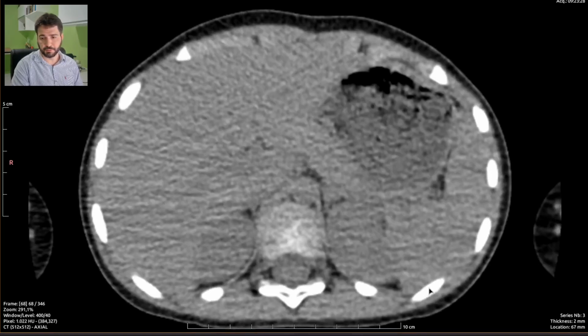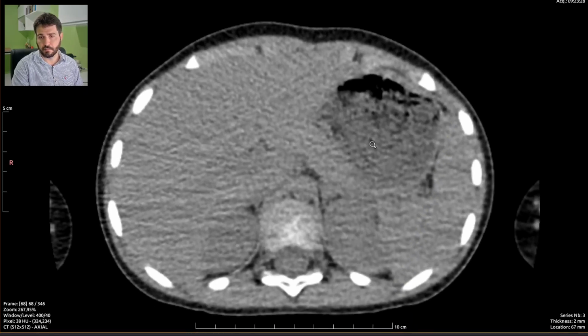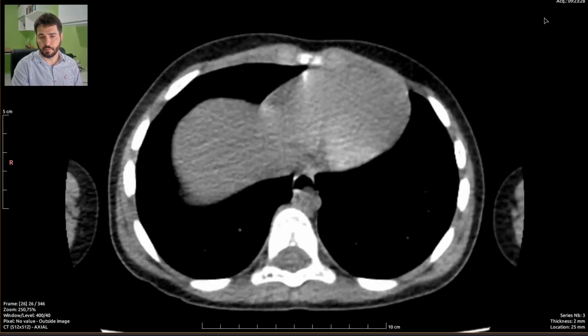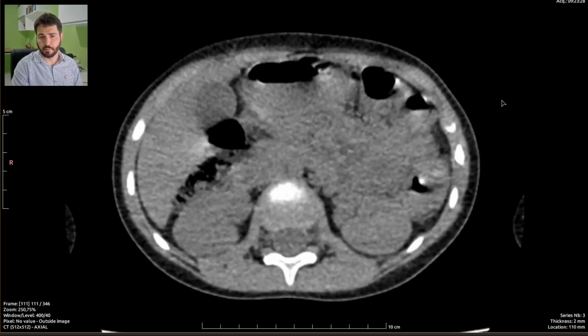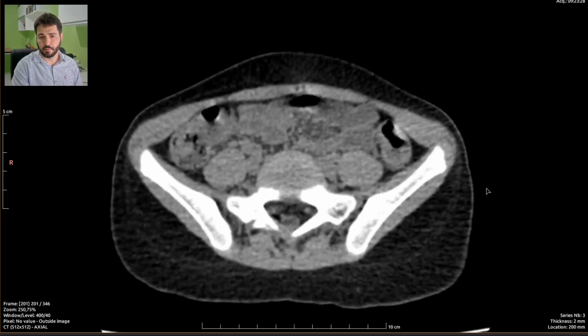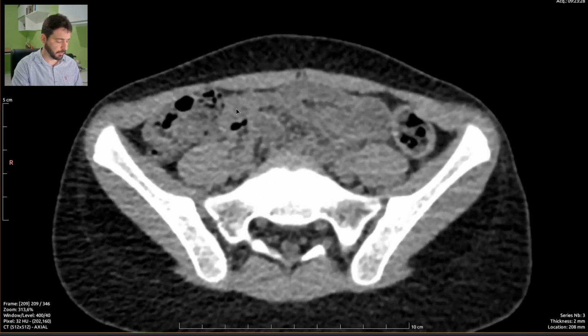So let's just measure this. This is most probably the appendix. I'm just going to measure from here to here. It's 5 millimeters.